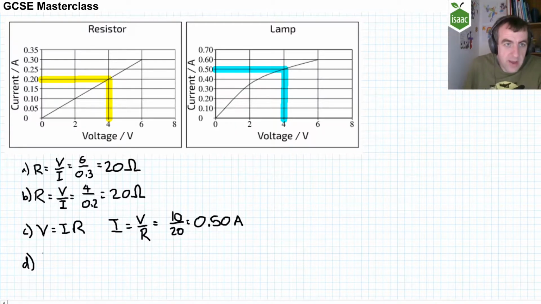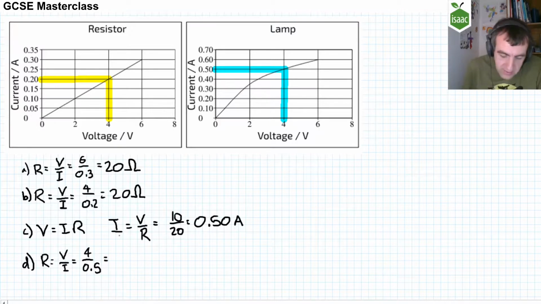We know that our resistance is going to be the voltage divided by the current. The voltage is 4, the current is 0.5, and that gives us, let's just look at my working to make sure I've not done something daft. Yes, 8. Why on earth did I check that? 8 ohms.